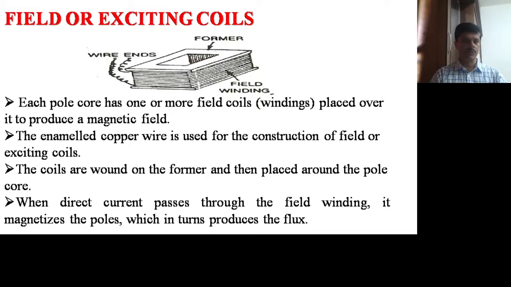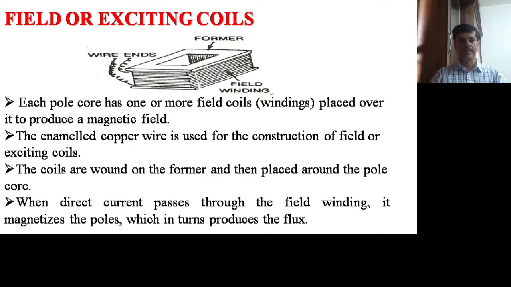These field windings are placed over the core in order to produce a magnetic field. Enameled copper wire is used, because the enamel avoids internal short circuits. The copper wire is coated with enamel, the coils are wound on a former, and after finishing the winding, it is placed over the core.